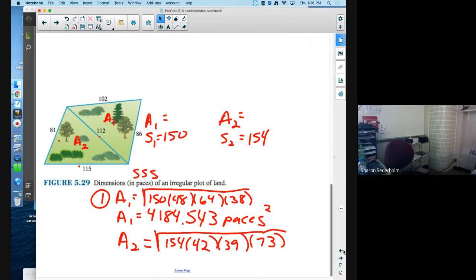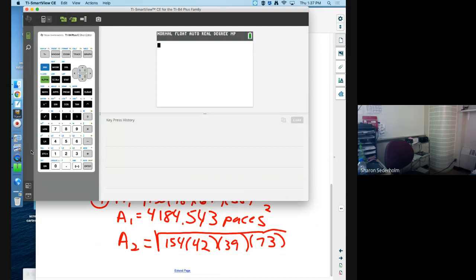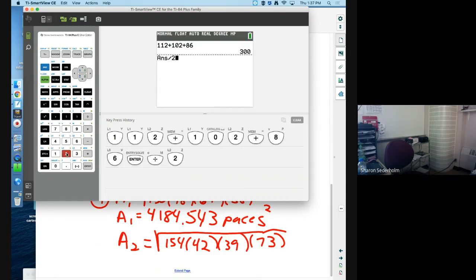We've got two triangles, and it said use Heron's, which makes absolute sense because we have a side, side, side situation. I made this top right triangle, triangle sub 1, and the bottom one sub 2. To find the area of triangle 1, I had to figure out the semi-perimeter. So we add 112 plus 102 plus 86 and divide by 2.